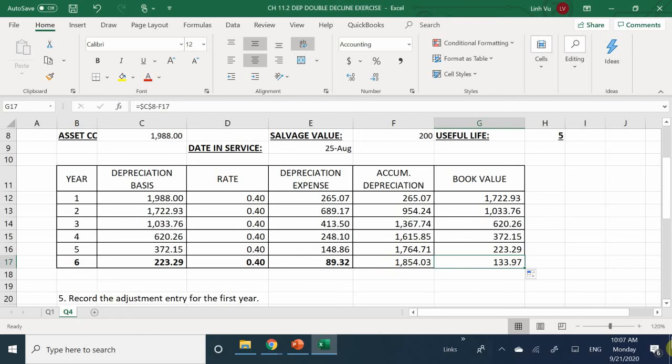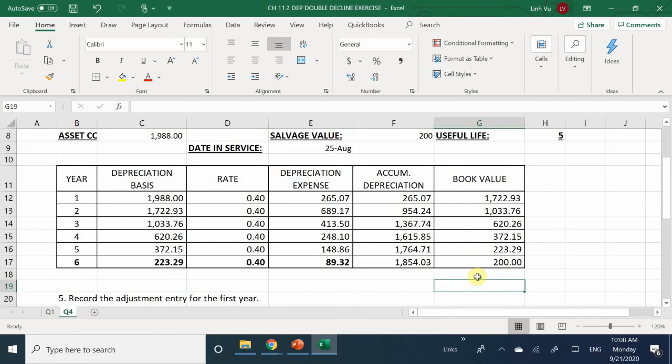Okay. So what is my book value supposed to be? It's supposed to be 200, right? Let's follow back our formula. How do we solve for book value? What's the formula?